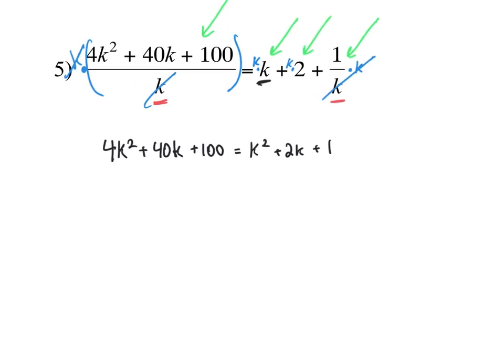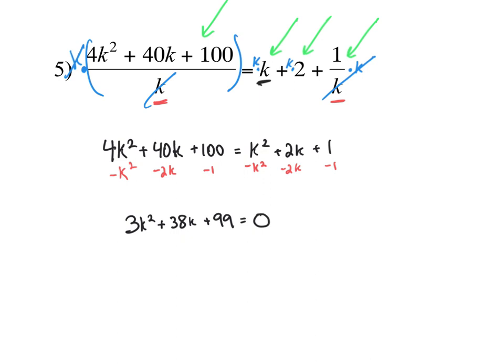So let's subtract k squared from both sides, because anytime I see a squared, I want to get all that together. Let's also subtract 2k, and let's also subtract 1. Okay, so that's going to give me what? 3k squared plus 38k plus 99 is equal to 0.